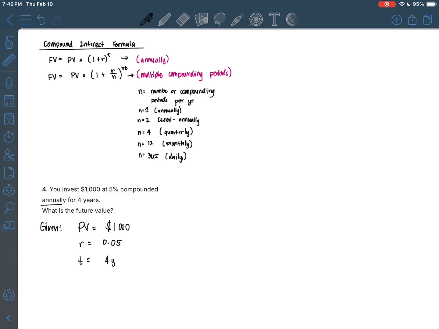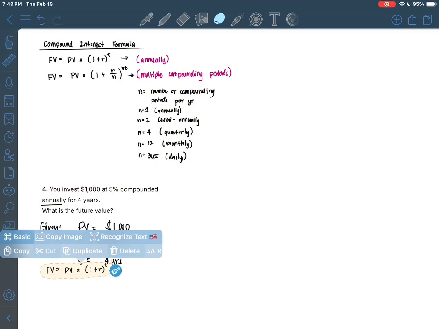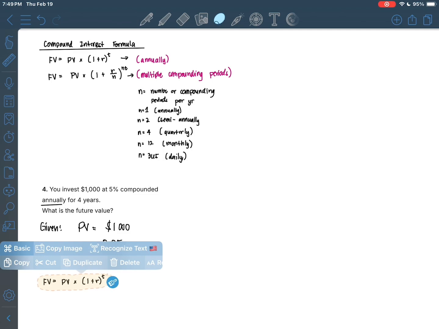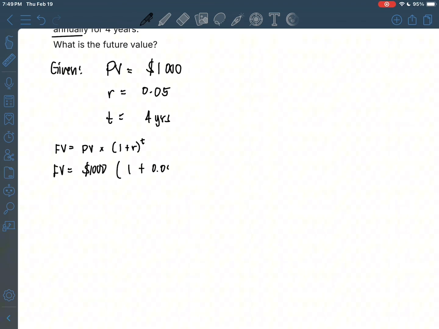Okay, so if we plug it into this compound interest formula, we will have the FV is equal to PV, which is just $1,000, multiplied by (1 plus the R, 0.05) raised to 4. I hope it's clear.